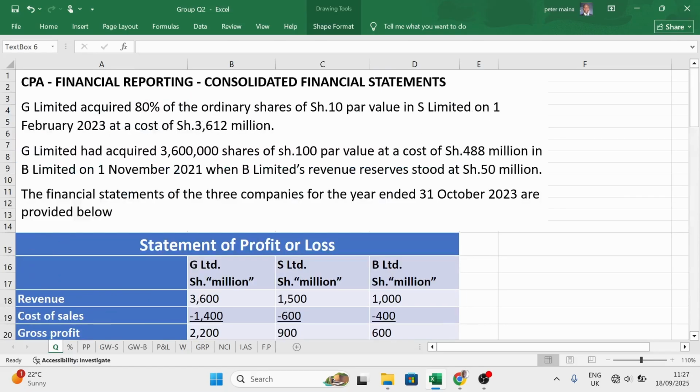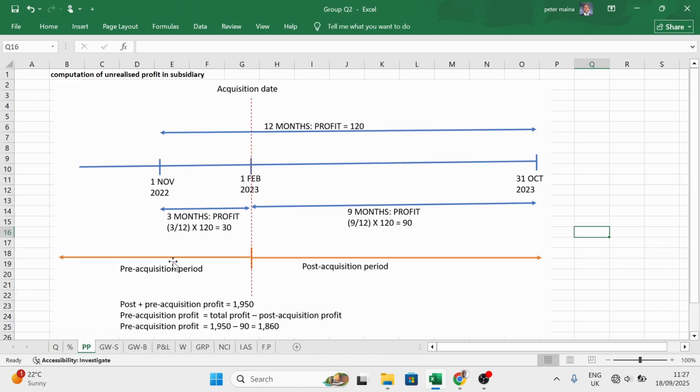And the subsidiary here was acquired on 1st February 2023. So the pre-acquisition profit in S Limited is the profit S Limited had as on 1st February 2023. That is what we call the pre-acquisition profit.